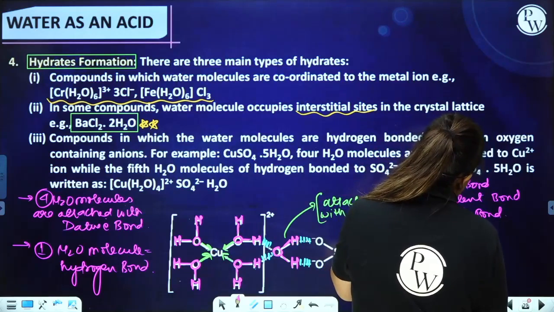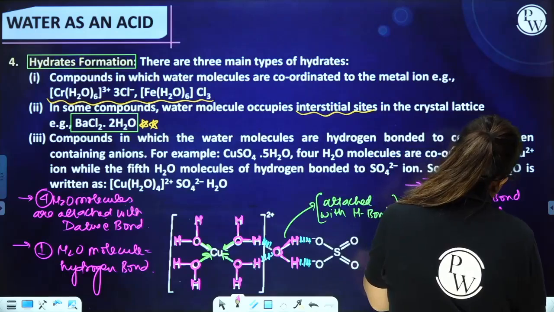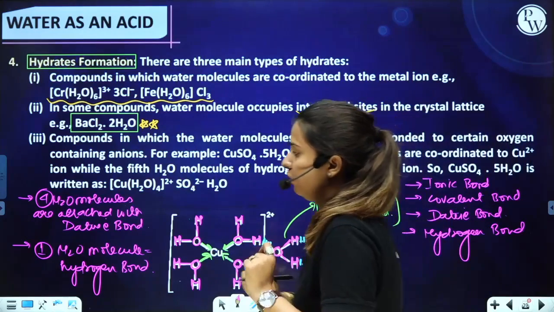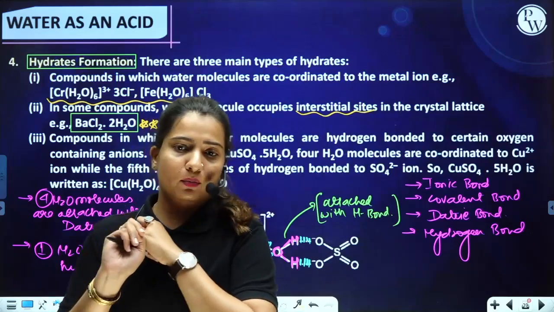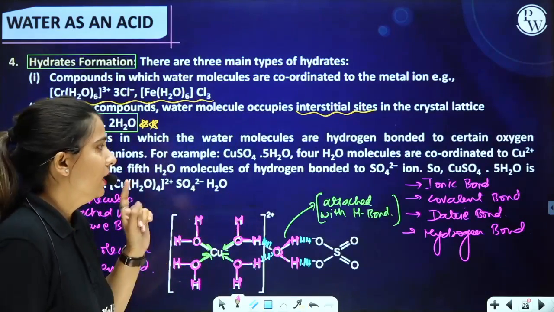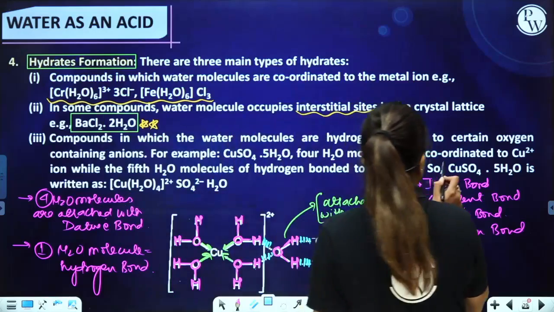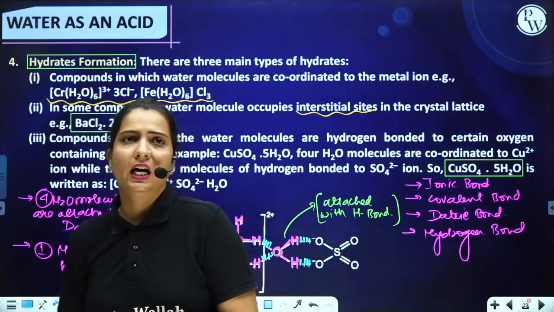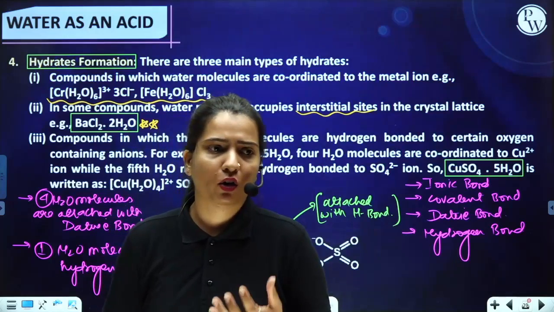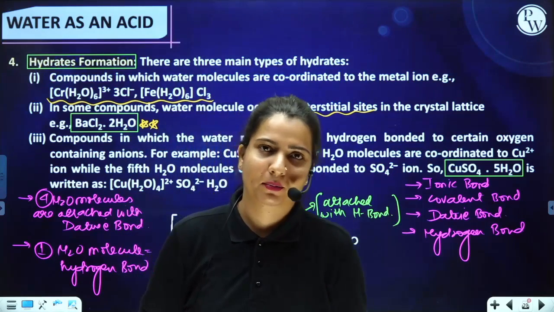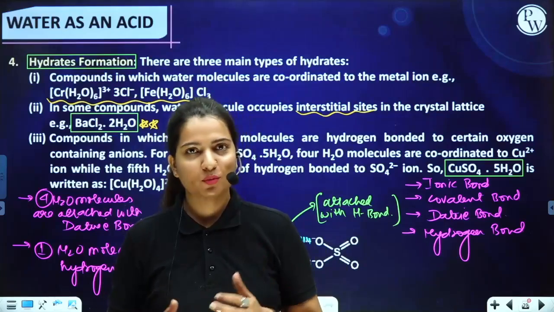And even one more bond is present over here, which is considered as the hydrogen bond. So all of the 4 types of bonds are present in this molecule. This question is always asked in this respective chapter, that in the structure of copper sulfate dot 5H2O, how many are dative bonds, how many are covalent bonds, how many are ionic bonds, and what type of bonds are present. So you need to remember it.